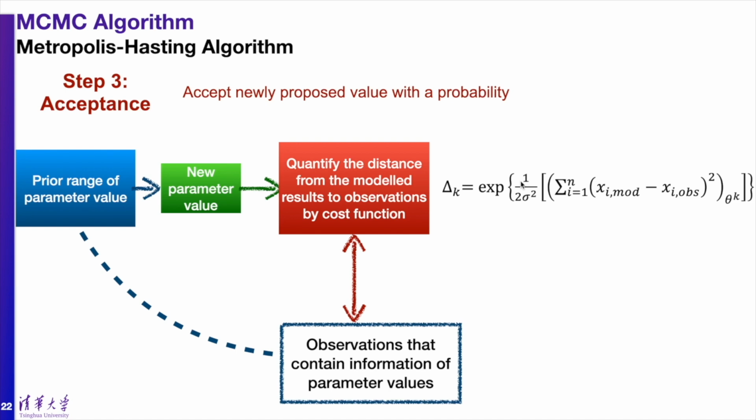Basically, if we apply the proposed parameter value into the model, we can get the model simulation results. And if we use the distance of the simulated ones from the observations as the core part of the cost function, we can get this expression.